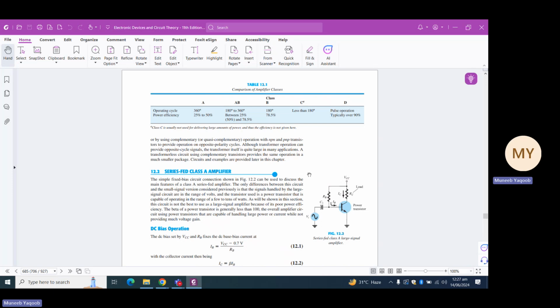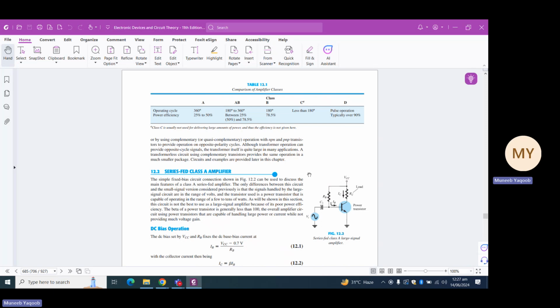So the efficiency is PAC divided by PDC multiplied by 100%. In any configuration, if we can calculate the DC power provided to it and the AC power we are taking as output, then the ratio of PAC and PDC multiplied by 100% will give the efficiency of the power amplifier.